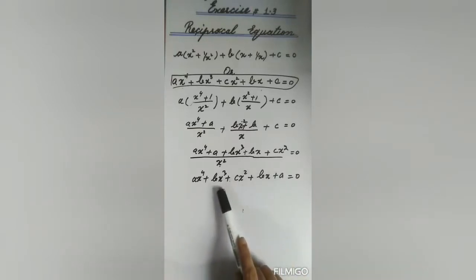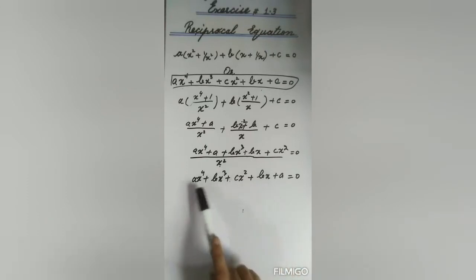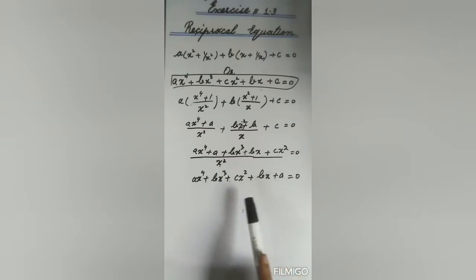Next, bx cube plus bx, and the coefficient of x cube and x both are the same. If the first and last coefficients are the same, the second and second last coefficients are the same, and the third value will be any other value, then you can say that such an equation is a reciprocal equation.